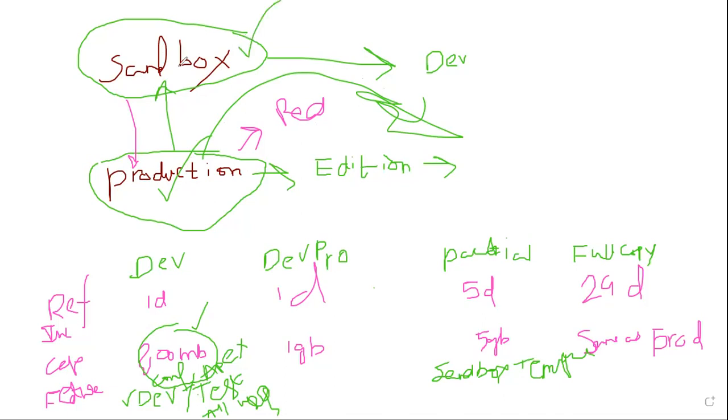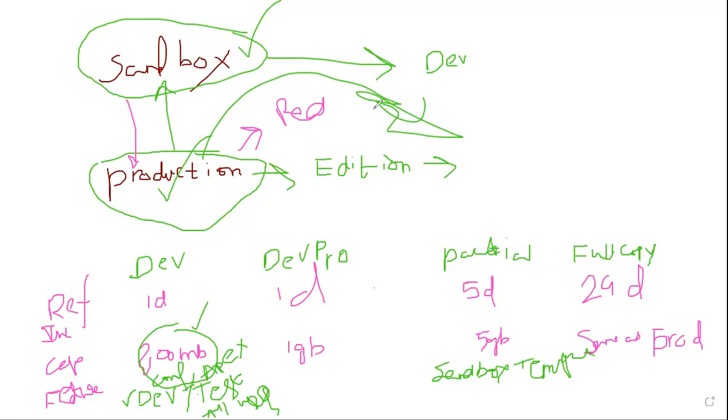Sometimes, whenever you create a sandbox, you need some object data as well. Let's suppose I am creating a sandbox from production. I need to get all the accounts, the related contacts of the accounts, and the related opportunities of the accounts. I need to sync that production data into the sandbox. That feature won't be available in developer and developer pro sandboxes. It is available only in partial copy and full copy sandboxes.